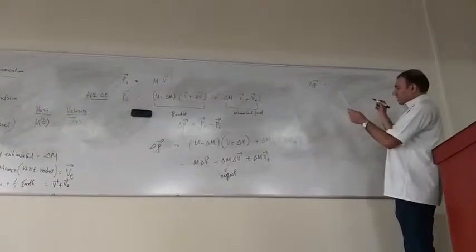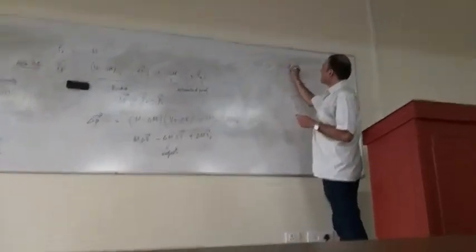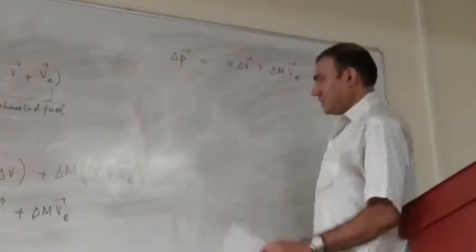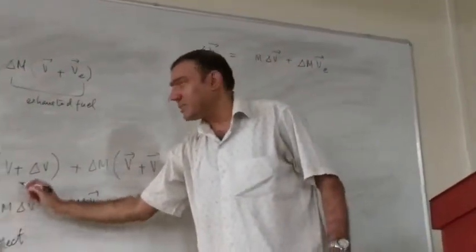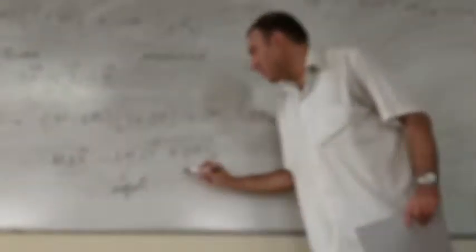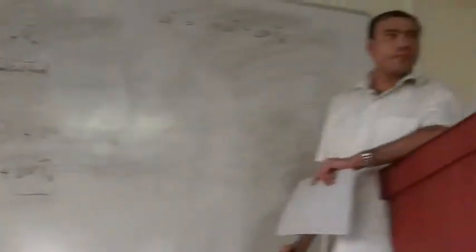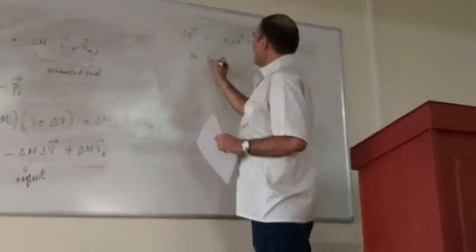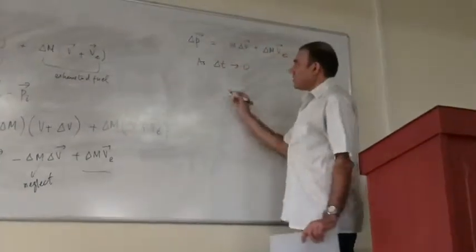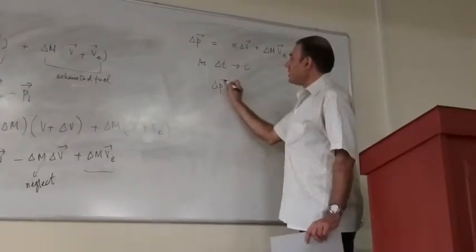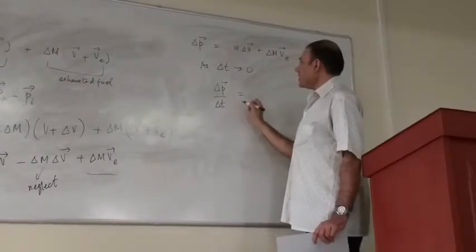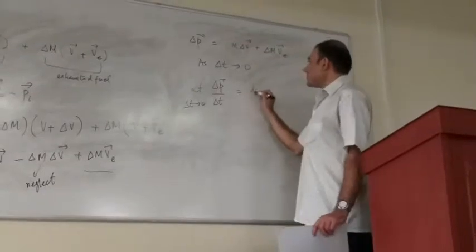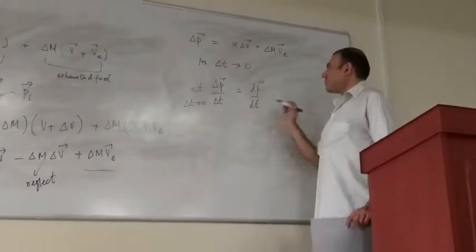Okay, so delta P will just be m times delta V plus delta m times V, because the other term has been dropped out. So it's just this plus this which I have. Now as your delta T tends to 0, it's like taking the limit, so delta P over delta T will just be dP/dT.